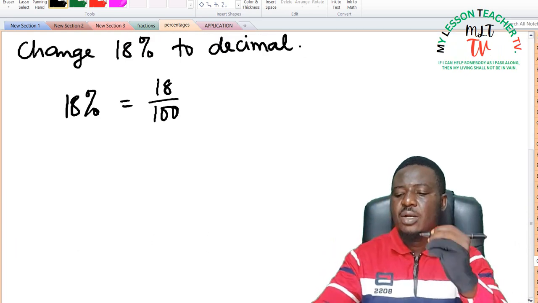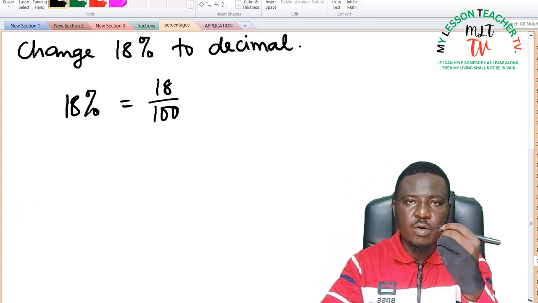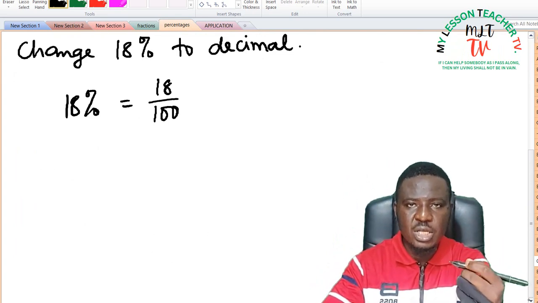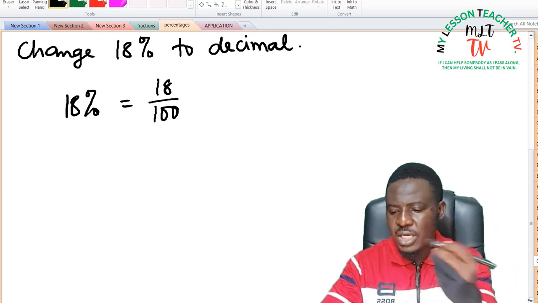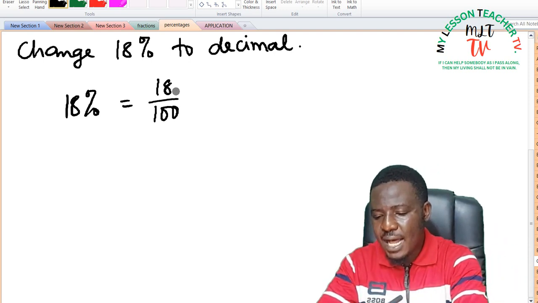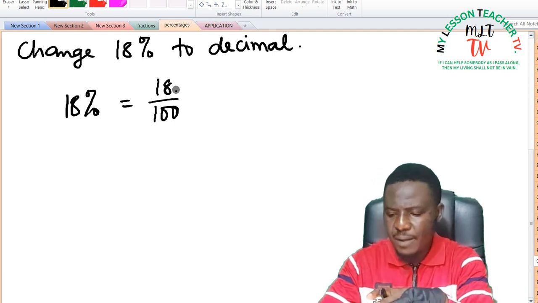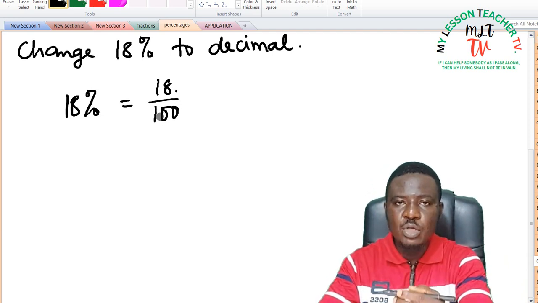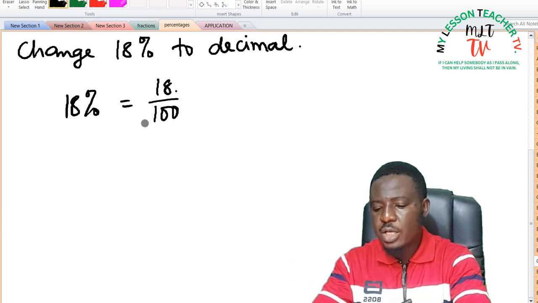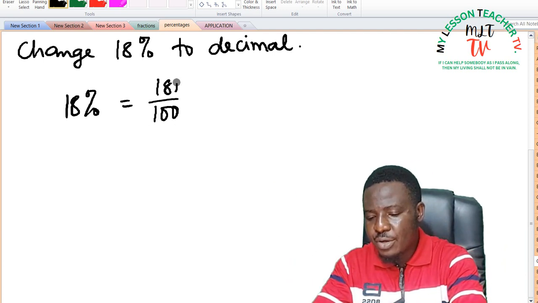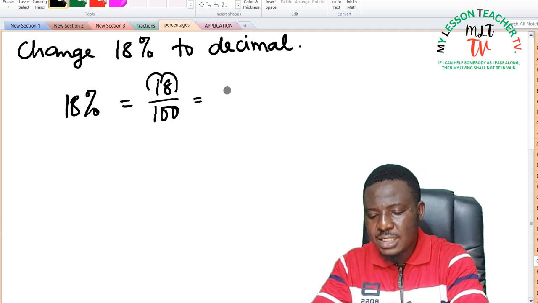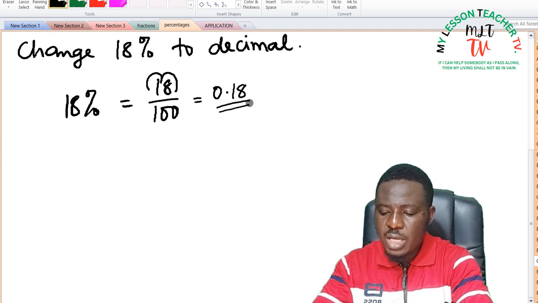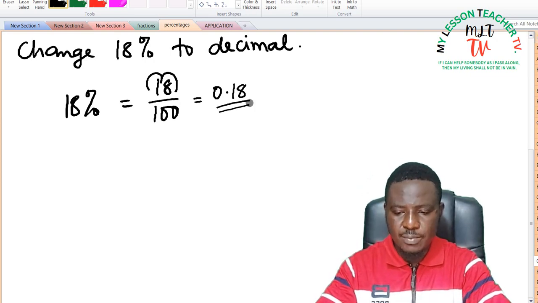Now in conversion from fractions to percentages, where the denominator is said to be 100 and the decimal point is said to be after the last whole number, since you are dividing by 100, all you need to do is to move the decimal point 2 times to your left, okay, so that 18 divided by 100 can be reduced to be 0.18. So as decimals, 18% is said to be 0.18.